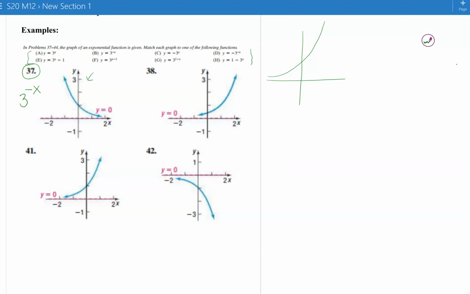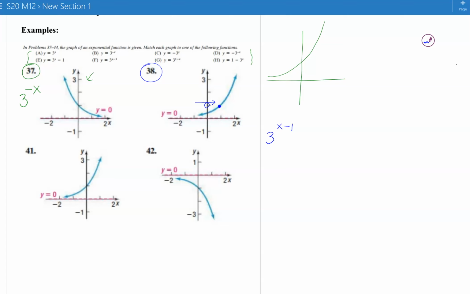So then number 38, I can see that it has the point 1, 1. So it looks like the point 0, 1 moved over to the right by 1. So that would be moving to the right is subtract 1 from the x before I do the exponential function.